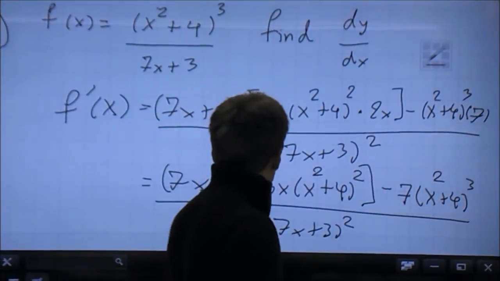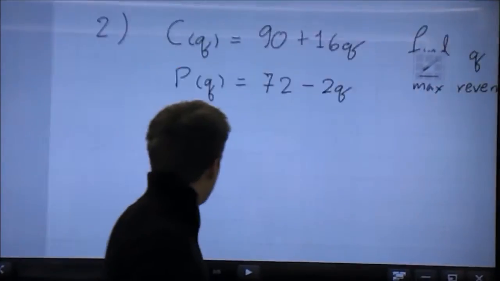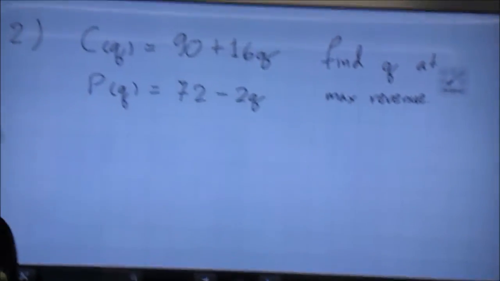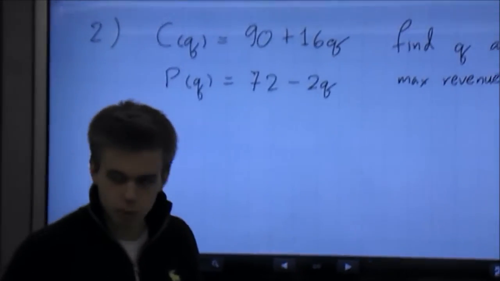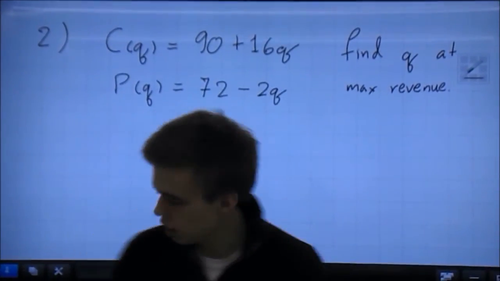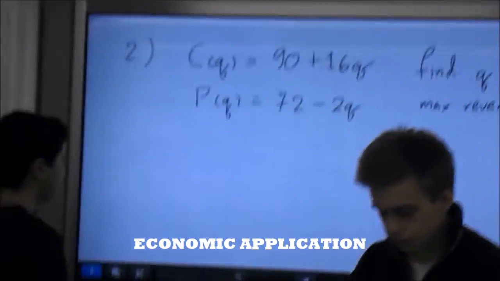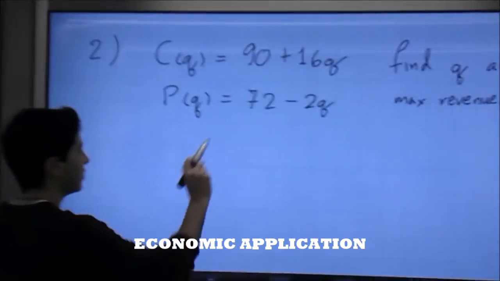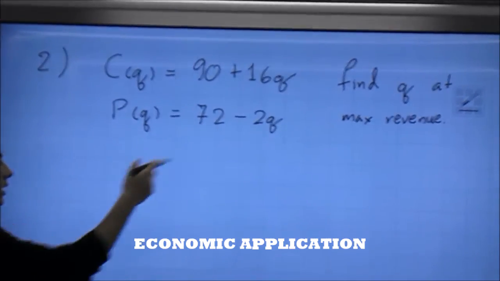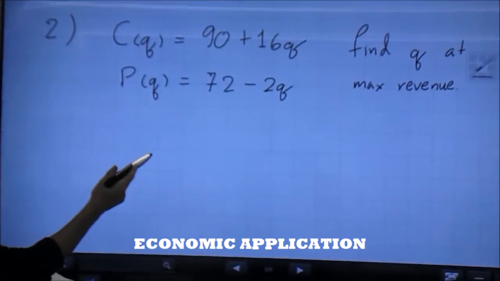Next one. Any volunteer for the following problem? Can I? Your name is? Raul Lopez. Please come out and solve this problem with me. In this case, we have to obtain the maximum revenue, so we can assume that derivatives are involved.